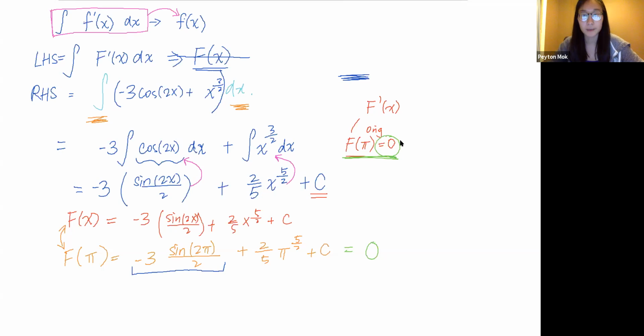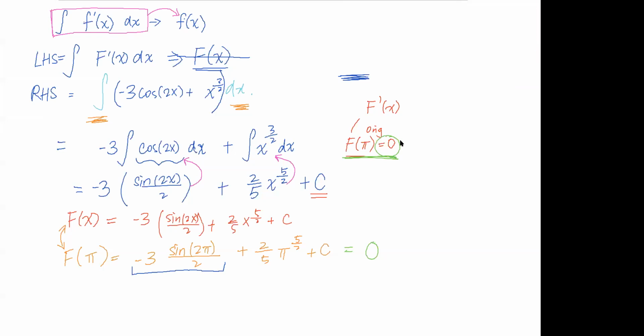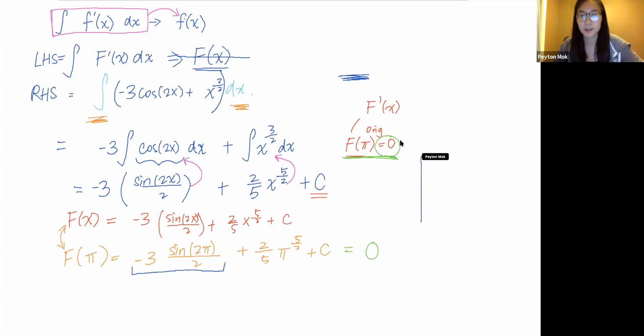Zero. Yep, exactly. So you can actually visualize it by using the sine graph, right? If you have 2 pi here, this will just give you back 0.